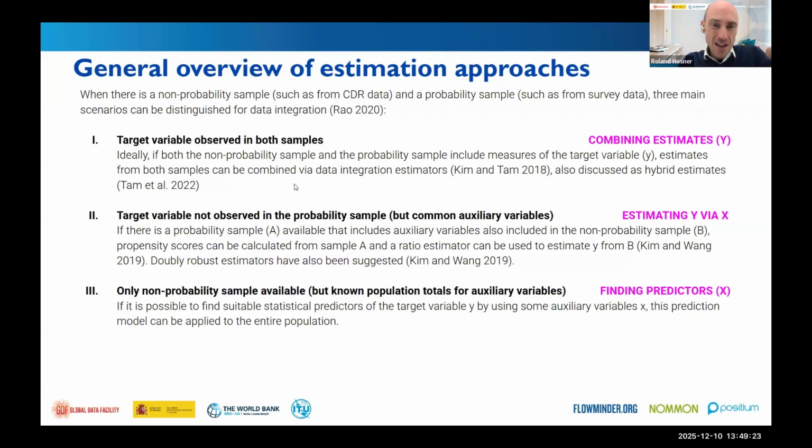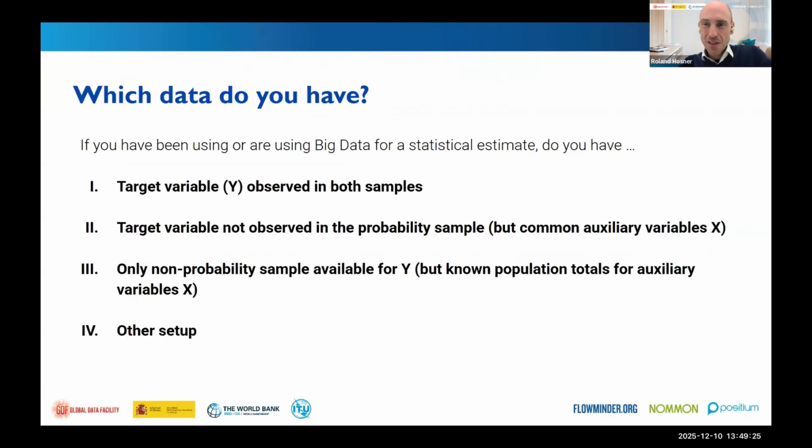Now this is the point where I'd like to ask you and get a quick feedback from you for your big data initiative, if you have one, if you are planning one. Try to think of which scenario do you have? Do you have a target variable observed in both samples? Do you have the target variable not observed in probability sample, but you have common predictors X?